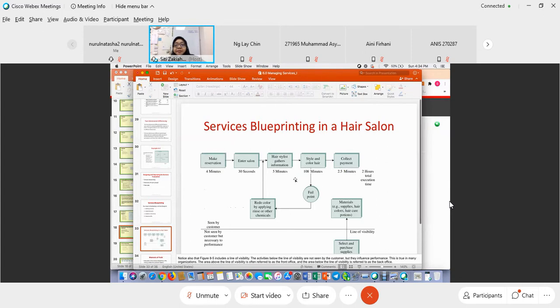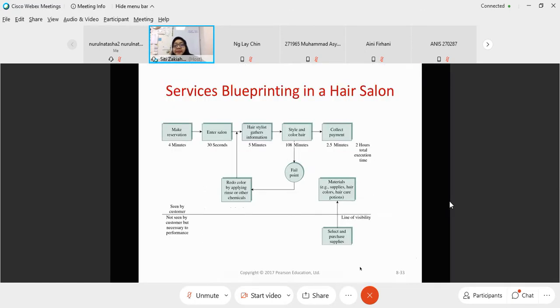So you look at this. See? A service blueprinting, right? Let's say this is of a hair salon, right? Maybe your hair salon is so popular, your customer has to make a reservation. So you write down, maybe the reservation takes 4 minutes, right?